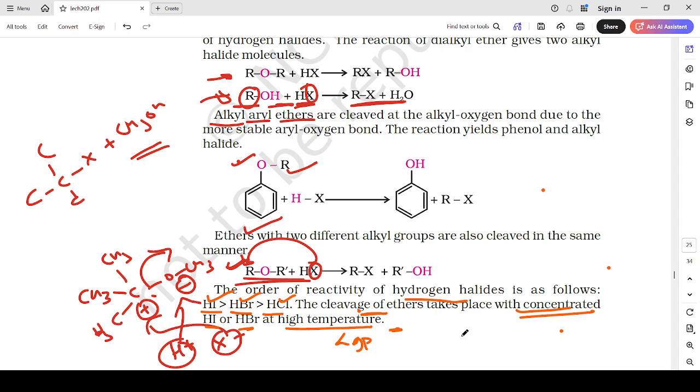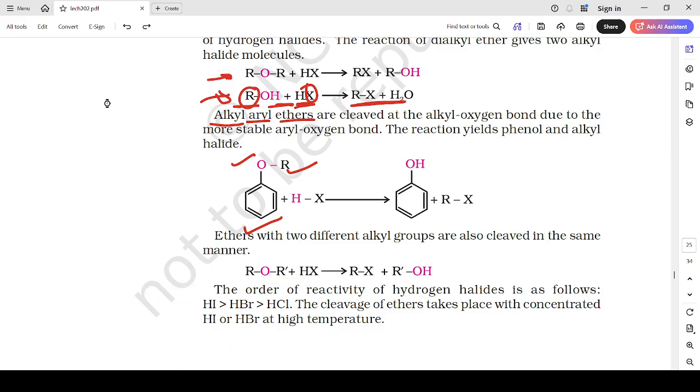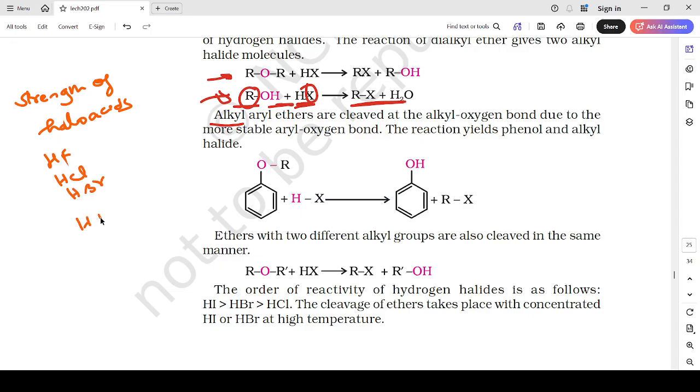Ma'am, isn't HCl more reactive though? So won't it help the reaction occur faster? No, when you're comparing the strength of the halo acids, HF, HCl, HBr, HI, the acid strength increases down the group.